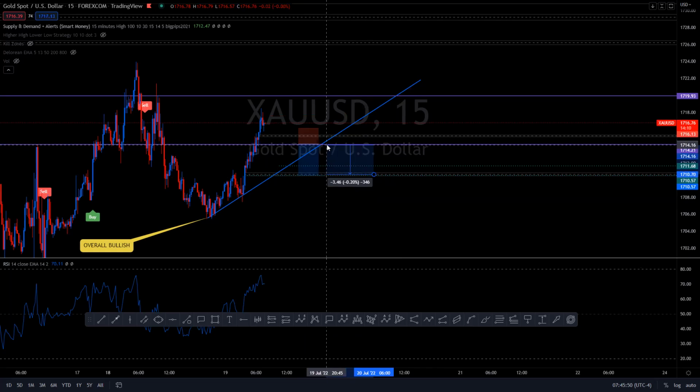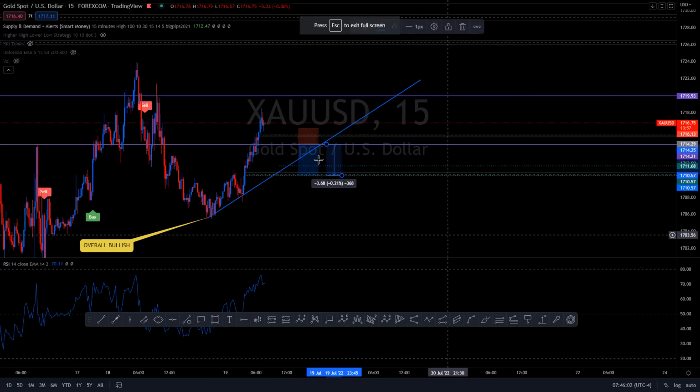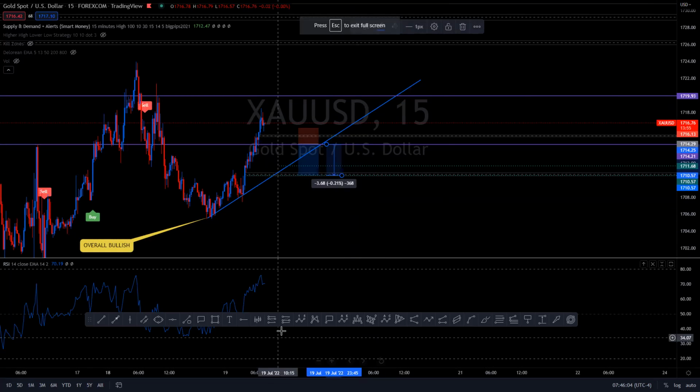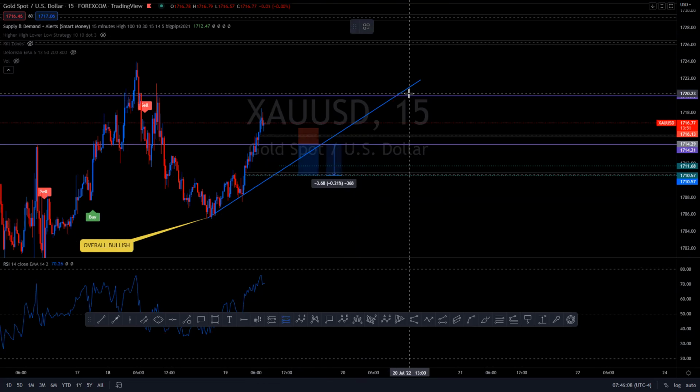Now, bring this all the way over here. Now, let's say price buys up because they want to mitigate this area.